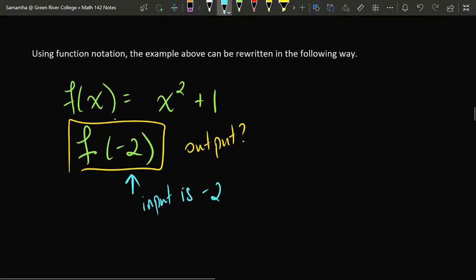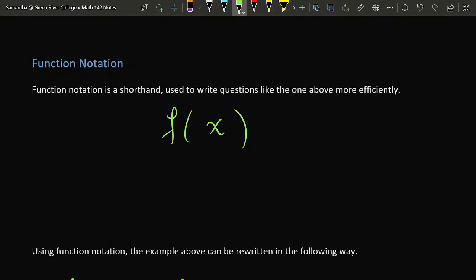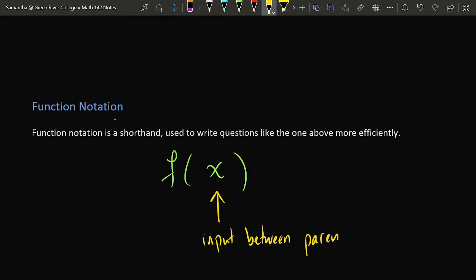So I will square the number -2, the quantity in parentheses (-2) squared, plus 1, result 5. The input is whatever appears between the parentheses. And the output is represented by the entire quantity f(x).